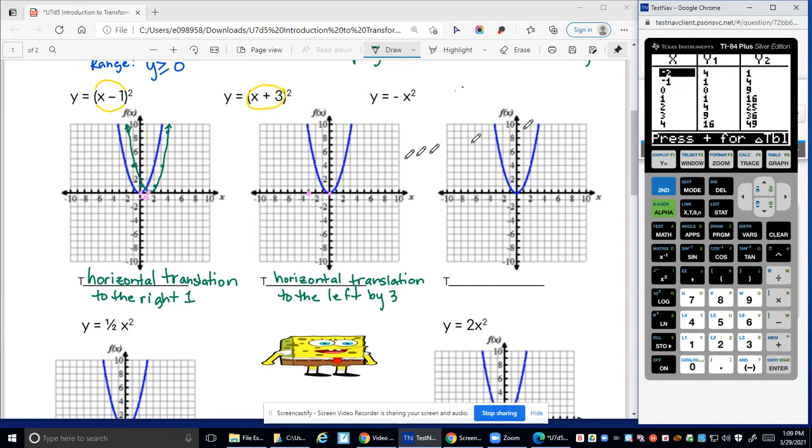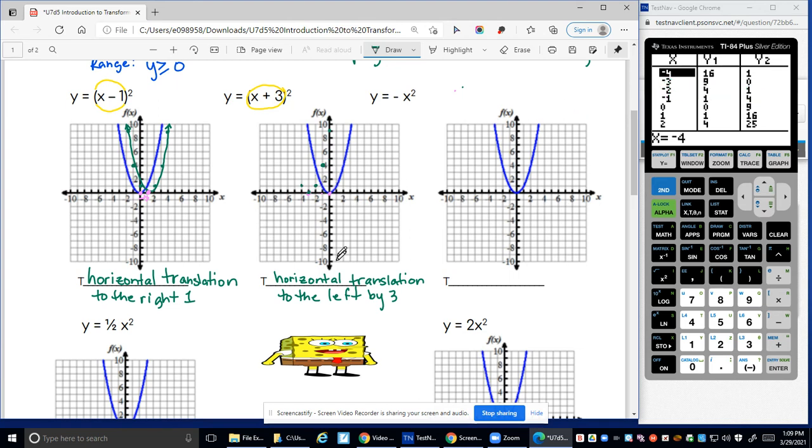I got -2 and 1. -2, up 1. Okay? I've got -1, 4. I've got 0, 9. I kind of run off the thing, so maybe I should go up here and look at a couple more points. -4, 1. -3 and 0.